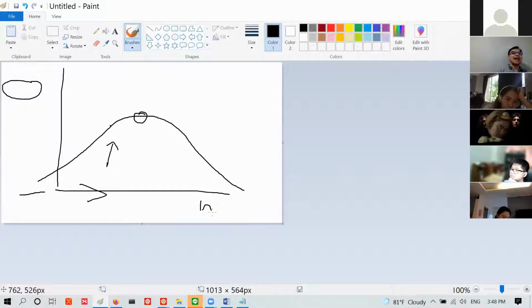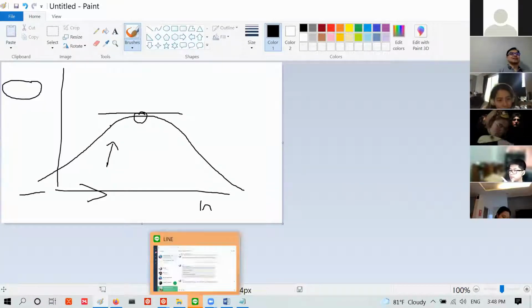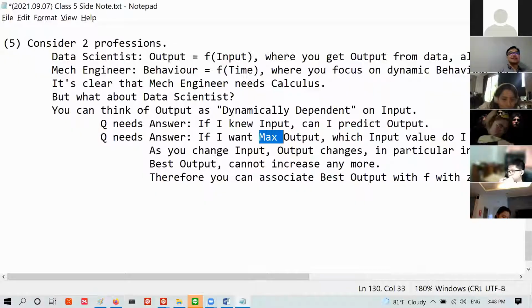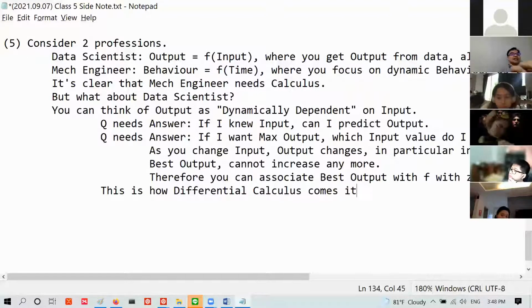In fact, you can add more input and make it worse. So how do you find this point? You get the zero slope. So this is why differential calculus comes in. It solves your optimization problem.